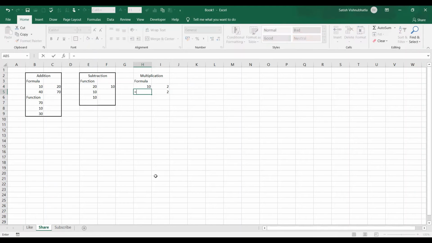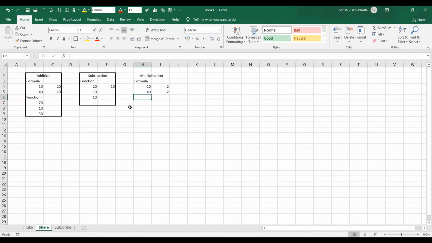So equals to PRODUCT, open parenthesis, 10, comma, 2, comma, 2, which is I4 and I5, and close parenthesis. 40. So that is the answer.